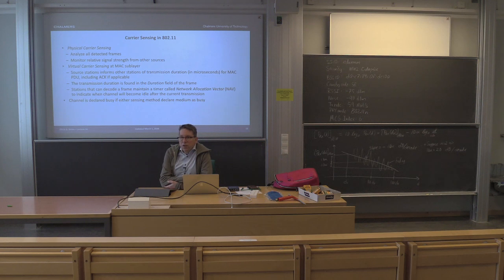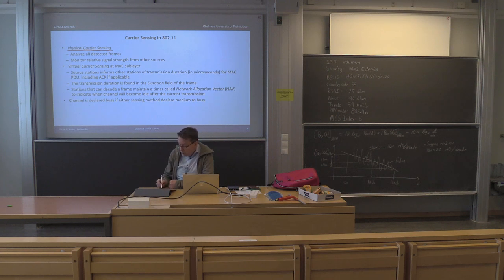Okay, so with carrier sensing, there are actually two ways we do it in Wi-Fi. Either physically, the physical carrier sensing that we have talked about earlier, where one listens to the channel and monitors the received power on it. Does it look like the channel is busy or not?